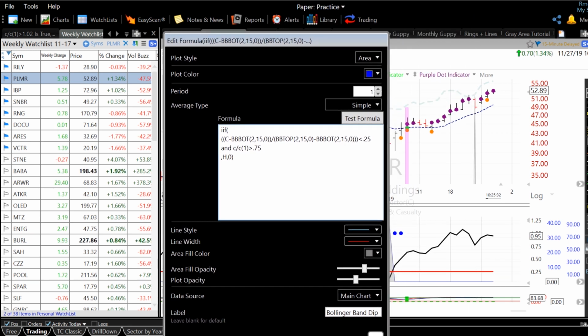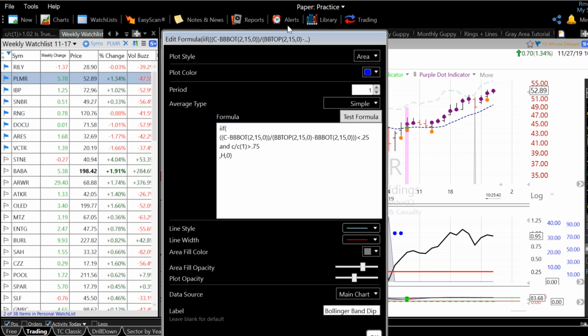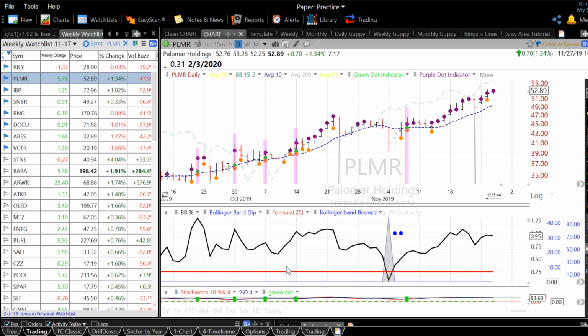If it's at 1, that means it's at the very top of the Bollinger Band, and if it's at 0.5, that means it's near the middle. What I found is the stock is likely to bounce when where it is in relation to the Bollinger Band is less than 0.25 or 25%, so the lower fourth of the Bollinger Band range.